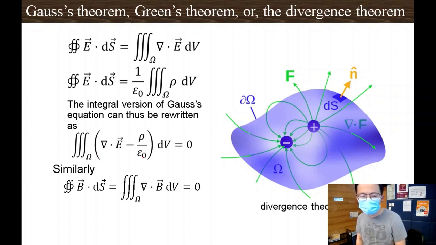For example, you have learned the divergence theorem before, also called Gauss theorem, or Green's theorem, or simply the divergence theorem. It relates the flux across a closed surface to the divergence of the field inside this volume.